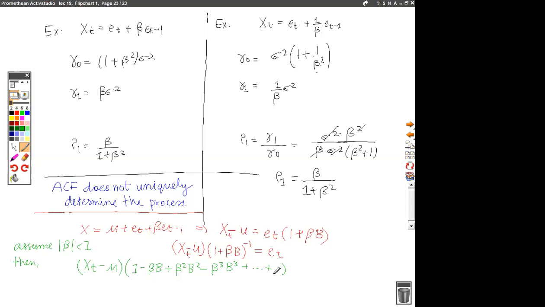And then till what power will this go on? Infinity. It will go on till infinity, and I will just have this equal to epsilon_t. So tell me one thing, this epsilon_t is some finite number, right?